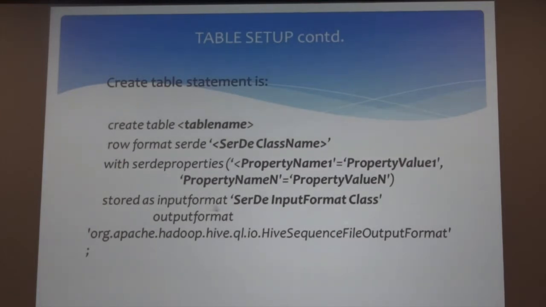And then you write the input format. The input format is what tells Hive what kind of file is written in there. When you write a SERDE, one of the things you have to do is write a class for the input format, so you pass that class name here. And then the output format is to tell Hive that it is sequence file output format.